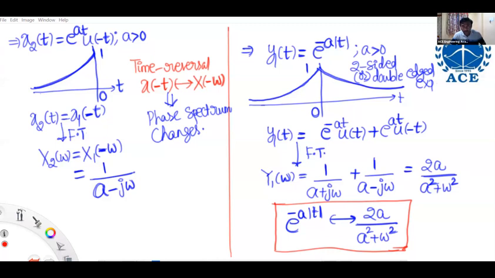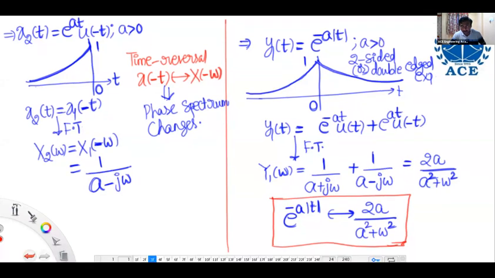Let me explain one more time. We have taken a two-sided exponential, which is the sum of decaying and growing.